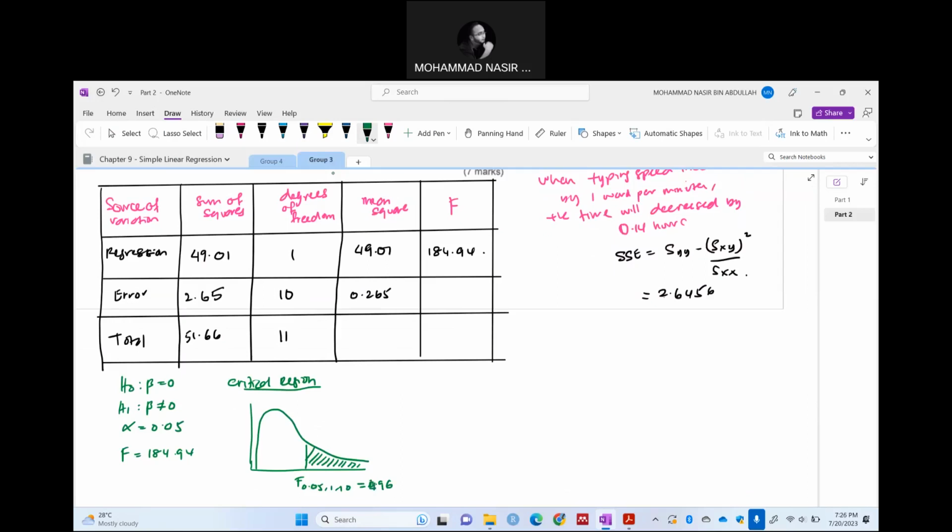So since F calculated is more than F alpha, null hypothesis is rejected. So we can conclude that the model is fit for prediction.